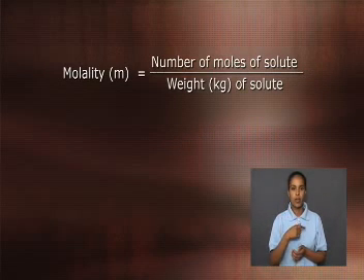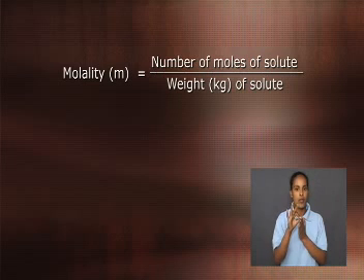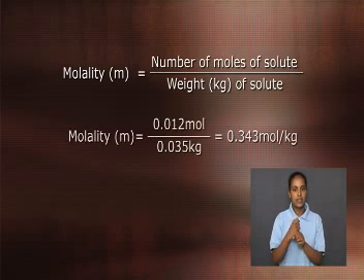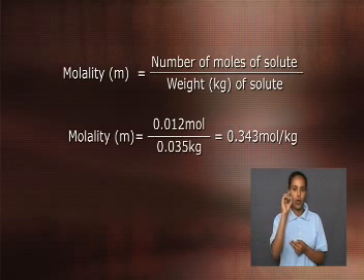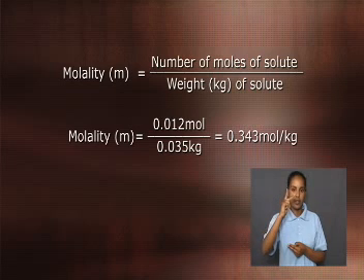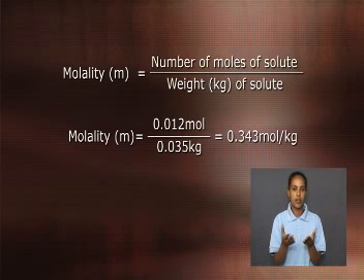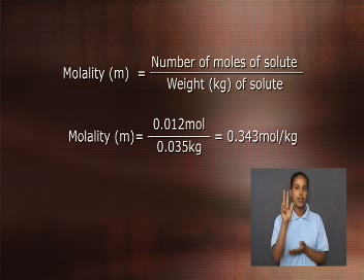We can then use the number of moles to determine the molality of the compound. To do this, we divide 0.012 moles by 0.035 kilograms. This gives us a molality of 0.343 moles per kilogram.